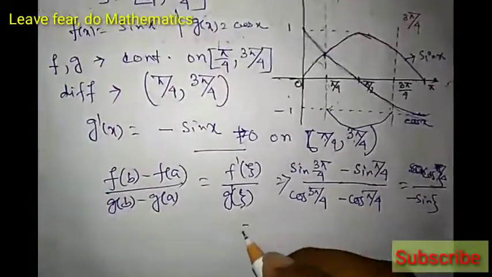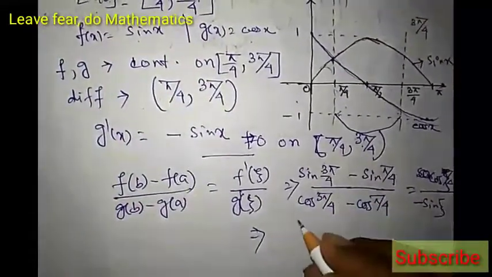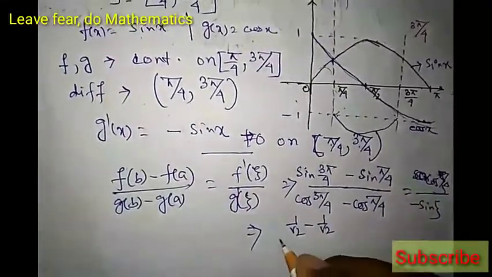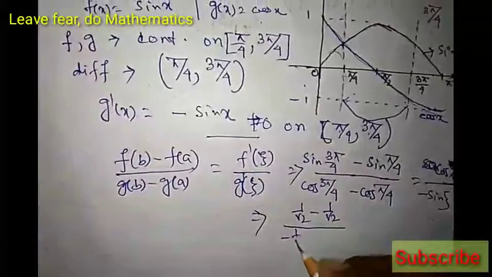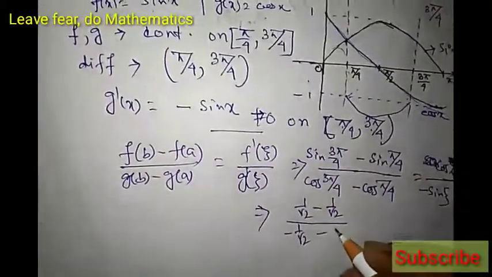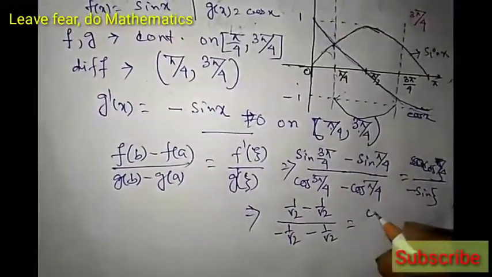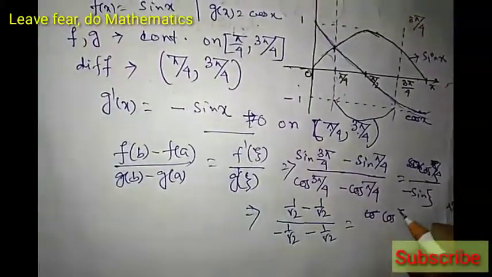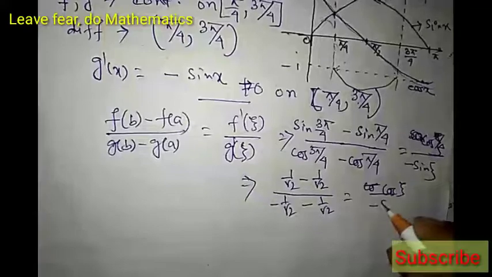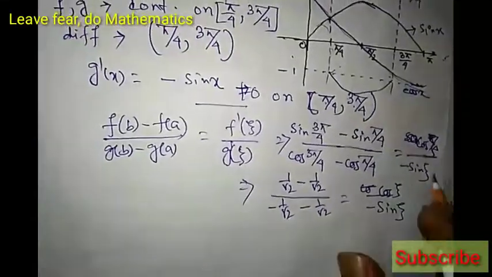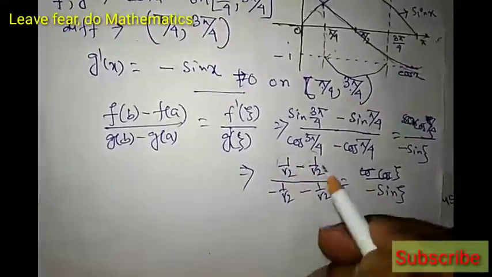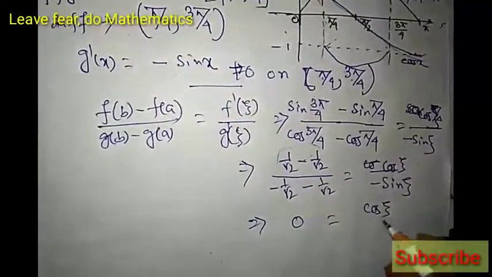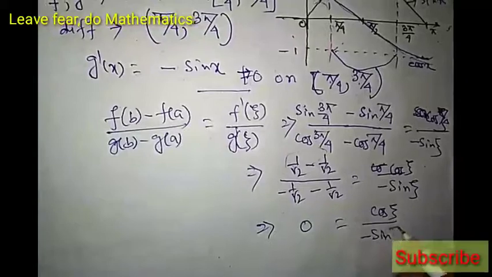Now sin 3pi/4 is 1 by root 2, and sin pi/4 is also 1 by root 2. Cos 3pi/4 is minus 1 by root 2, and cos pi/4 is 1 by root 2, equals cos xi by minus sin xi. Now the numerator is 0, so actually we have 0 equals cos xi by minus sin xi.